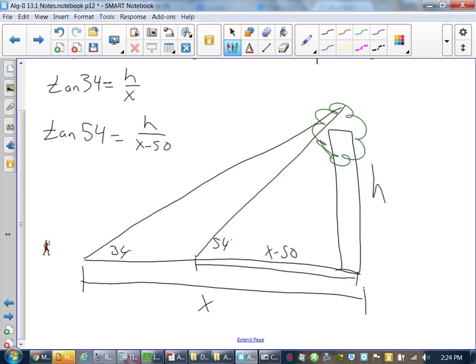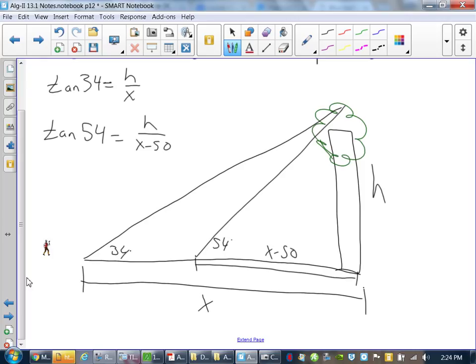Now, between those two separate trig functions, you'll notice that you have an h in both of them. What I want to do is manipulate both of those equations to get h by itself. That way I can use substitution.